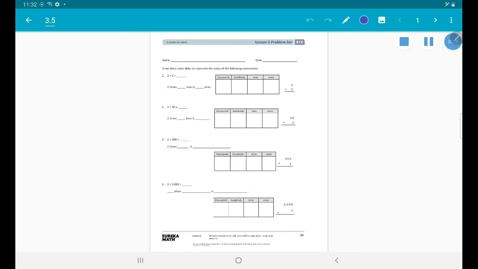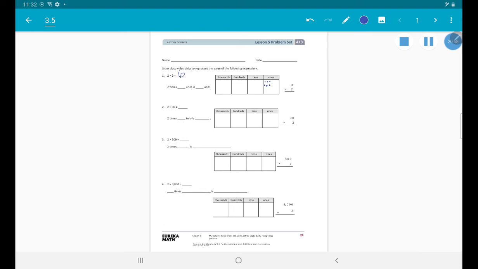So it tells you to draw place value discs to represent the value of the following expressions. So we're starting out on number 1 with 2 times 3. I know 2 times 3 equals 6. I can show that on my place value chart by making two groups of 3 ones.